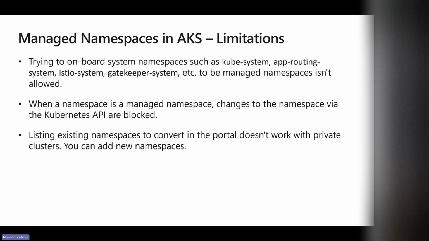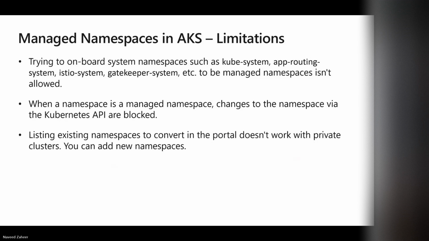You will have to use the Azure API because now it's an Azure resource. Also, with a private cluster you can create new namespaces, but you cannot convert existing ones. So these are some of the limitations.